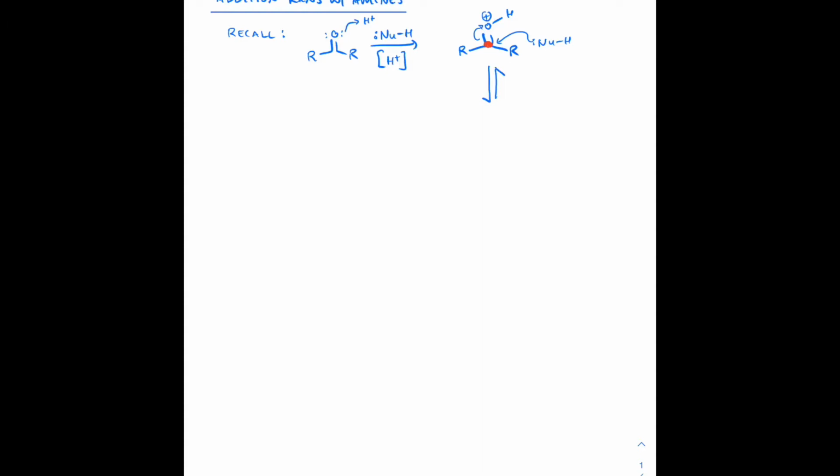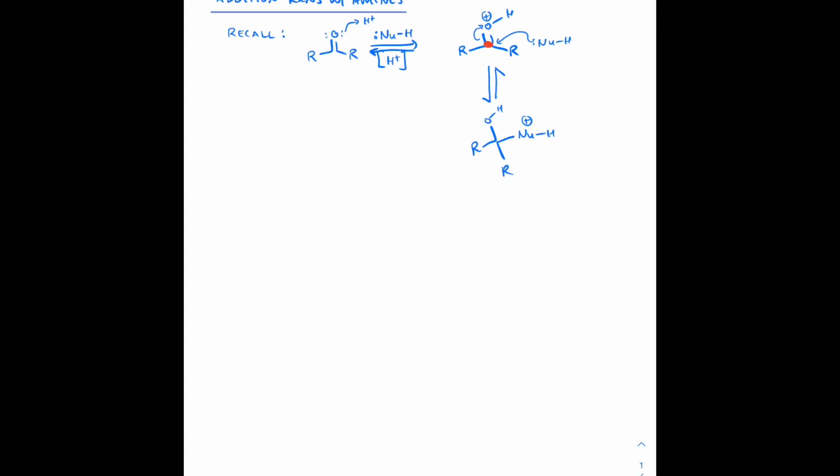So, sorry, I did not indicate that this reaction is going to be in equilibrium. So we want to make sure that we're using our equilibrium arrows for all of the mechanisms. Now this tetrahedral intermediate is going to have a positively charged nucleophile now, which obviously we want to neutralize.